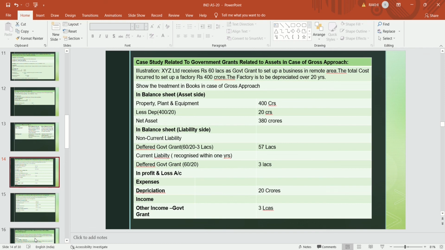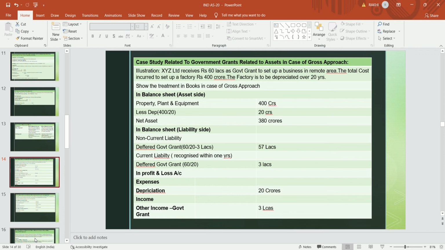In the gross approach, the asset and the liabilities are shown separately. The value of the factory is 400 crores, shown separately on the asset side as PPE, and we will depreciate the asset over a period of 20 years.